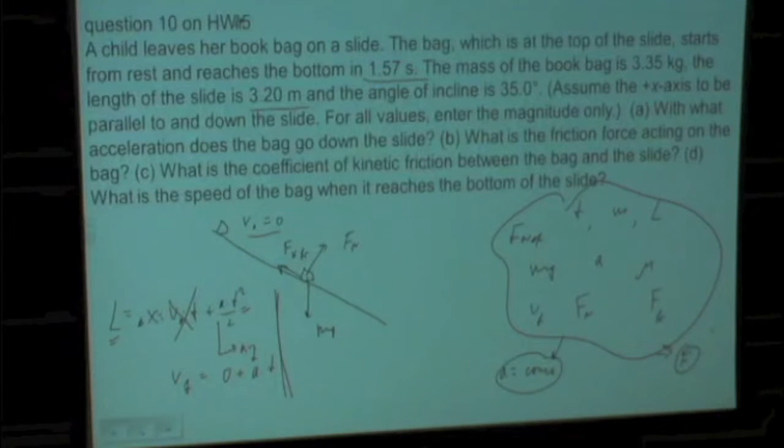So x and y, relative to the x axis. That's g. M times a is supposed to be equal to mg sine theta minus friction.